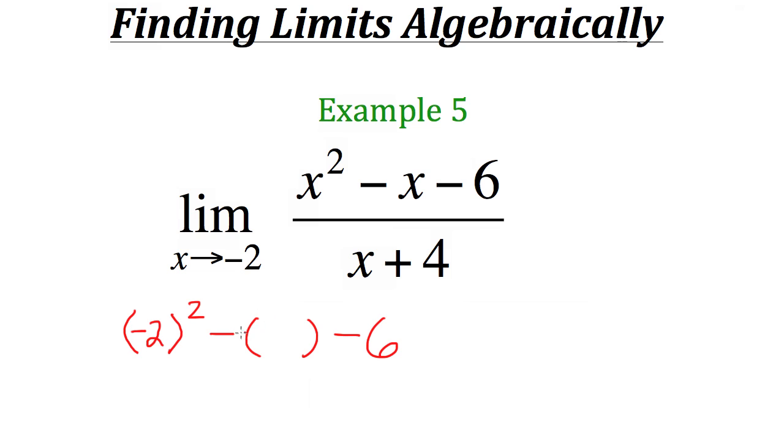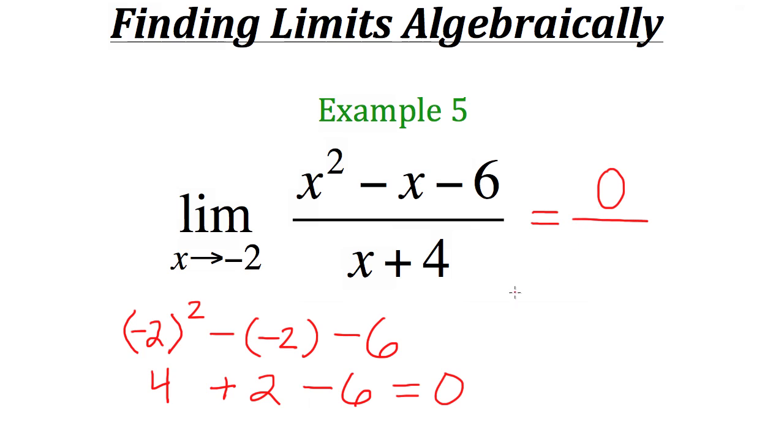So we have negative 2 squared, which gives us a positive 4, and then minus a negative 2, which becomes a positive 2 because of the double negative, and then we have minus 6. So we have 4 plus 2, which is 6, and then minus 6, giving us a value of 0. So we know that the limit to our numerator is 0.